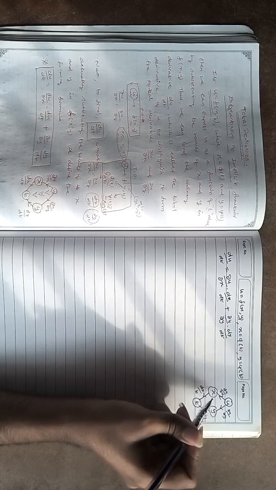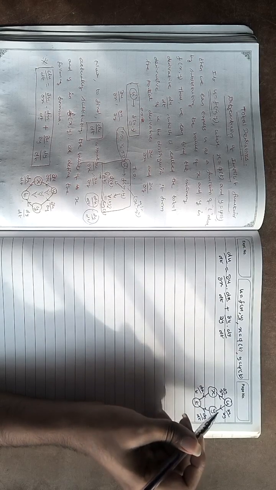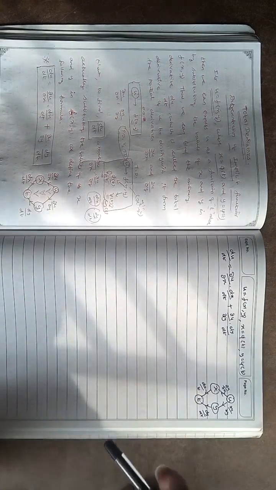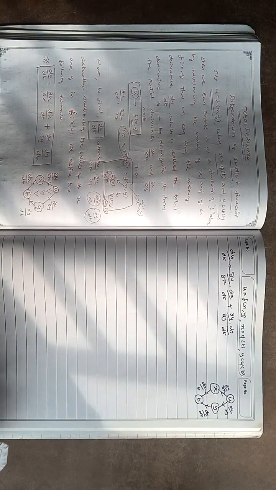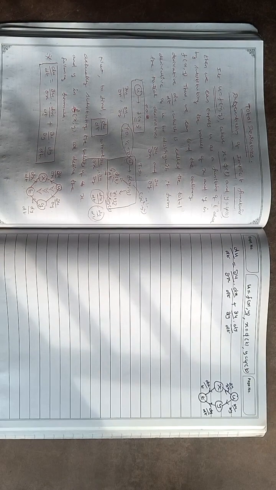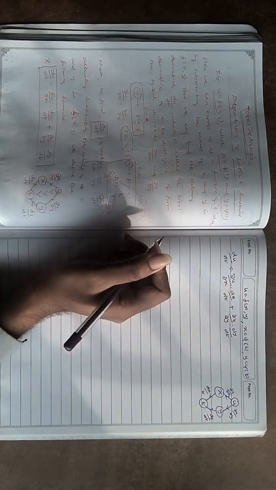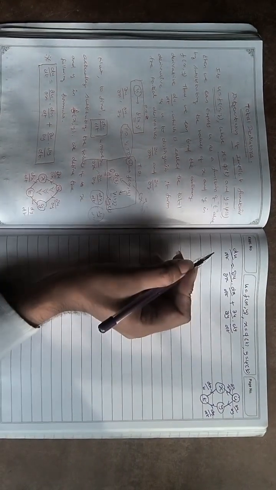That is, dou u by dou x into dx by dt plus dou u by dou y into dy by dt. So this is our first formula.